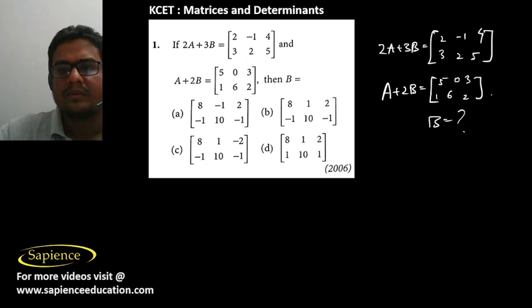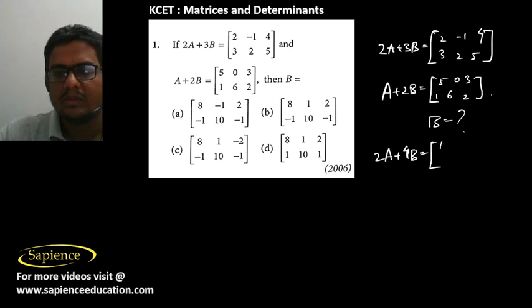Okay, so here suppose we multiply the second equation with 2 on both sides, then we will have 2A plus 4B, that is equal to 2 into, we have to multiply all the elements with 2, so that will be [10 0 6; 2 12 4].